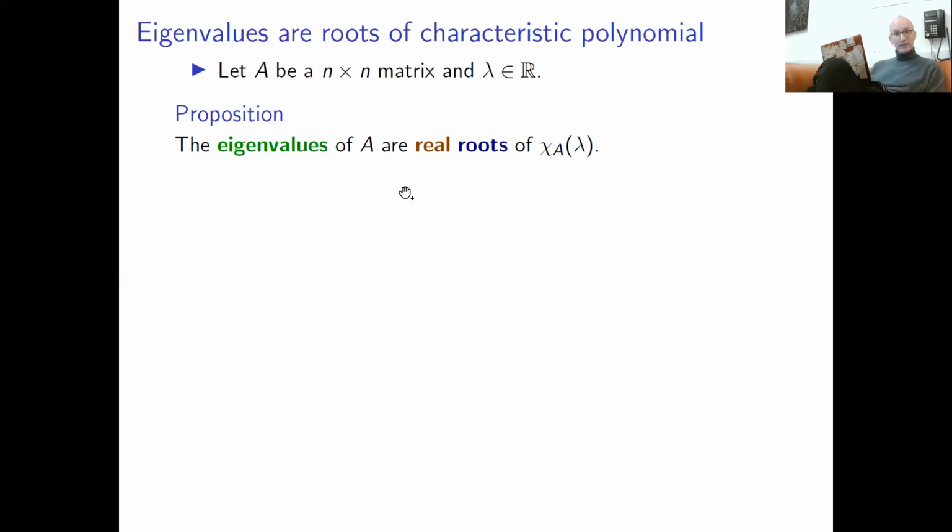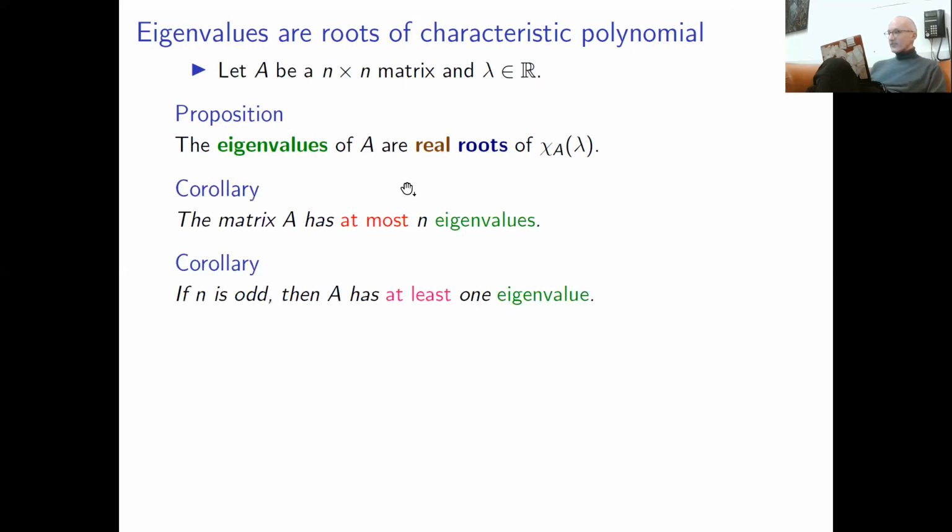And it may happen that there are no real roots. We will see some examples where you have a matrix, you try to find its eigenvalues, you compute the characteristic polynomial, and it doesn't have any real root. So it means we have a problem. But there is one case when we can always find a real root: if n is odd.